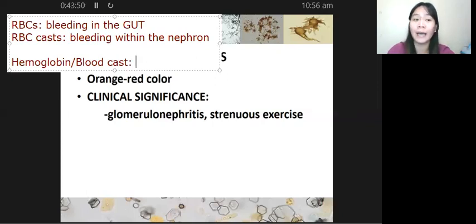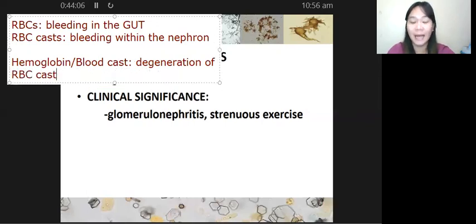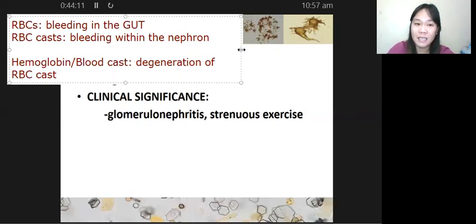So, ang hemoglobin cast or blood casts, this is a cast that has formed due to the degeneration, okay, of your Rbc casts. Okay, so since it is an Rbc cast rather that has degenerated, okay, so this cast, your hemoglobin cast or your blood cast, is still reported as Rbc cast kasi dun naman siya galing.